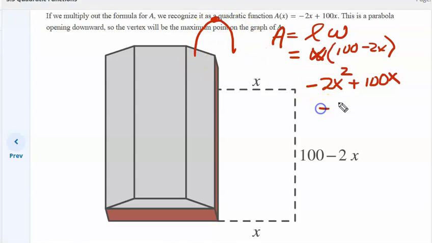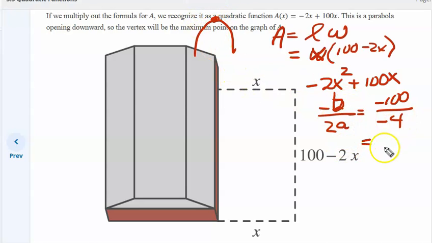And we can use that negative b over 2a. Our b is 100, so a negative 100. And our a is a negative 2, so that would be negative 4. Simplified, our x value here for the vertex is going to be 25.